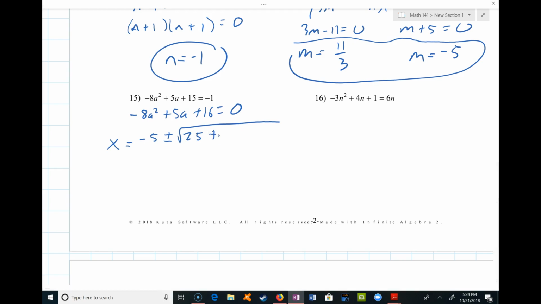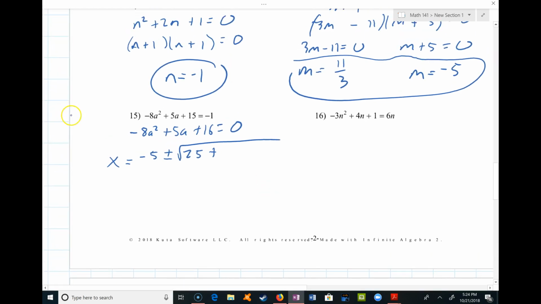So that would be, see, 4 times 8 is 32. What's 32 times 16? 2 times 6 is 12. 3 times 6 is 18, 19. And 32, 2, 11, 5, 12. All over 2 times negative 8, which would be negative 16.